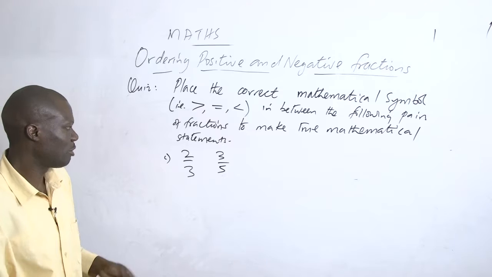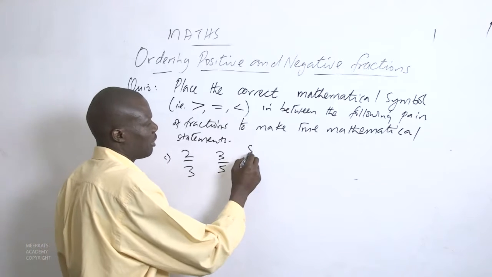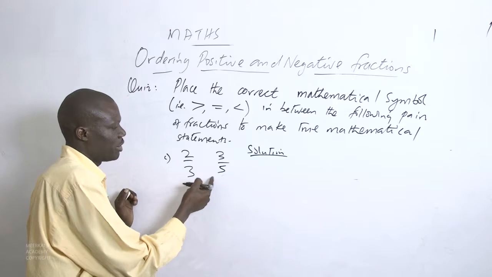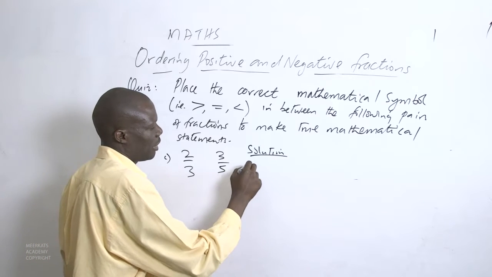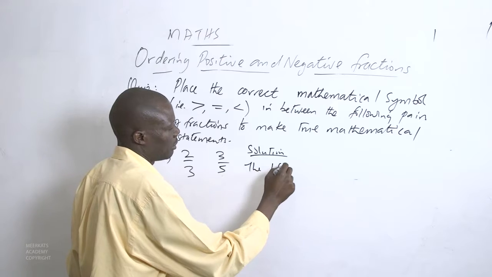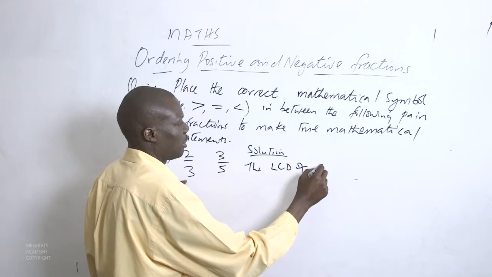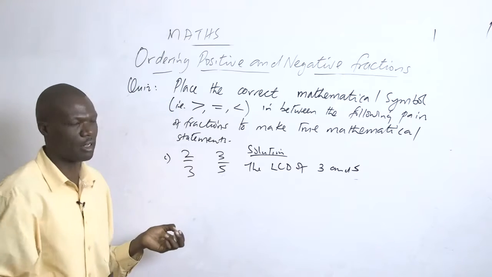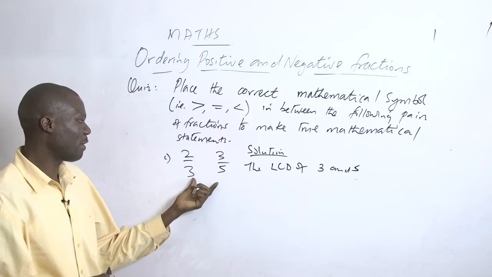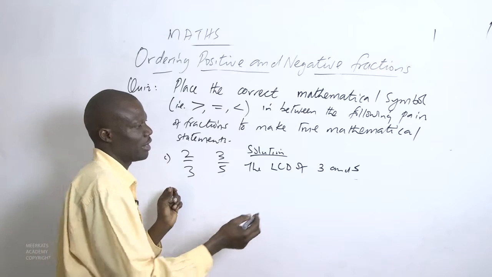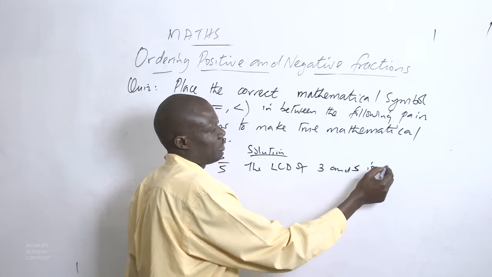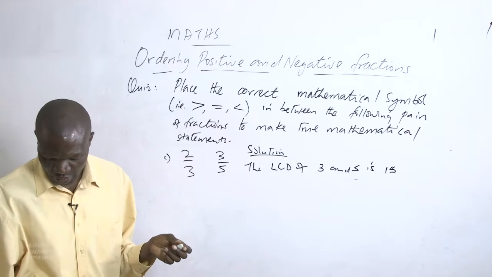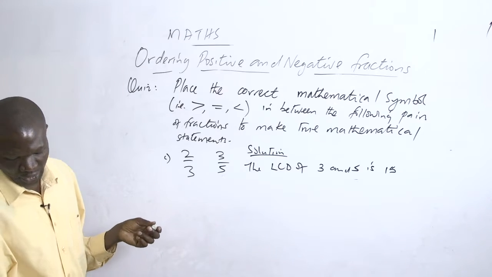First, in our solution, we need to find the LCD of 3 and 5. That is the lowest common denominator of 3 and 5, and you'll find that it is 15.